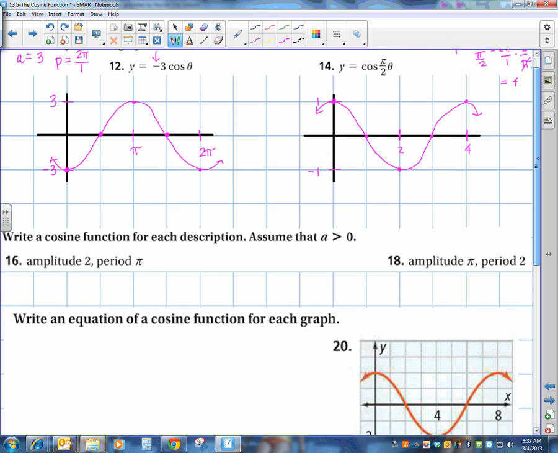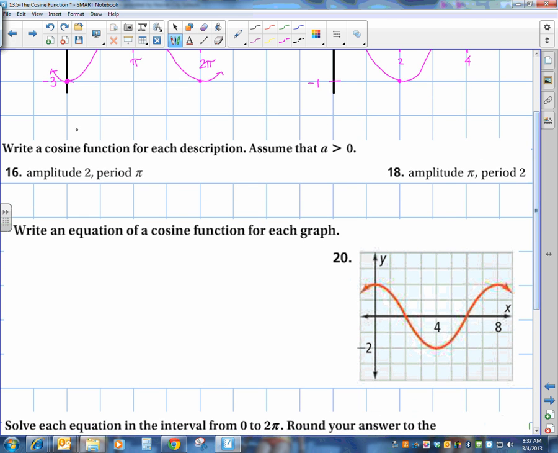Okay? Next, we need to talk about writing a cosine function for each description. They tell me my amplitude is 2 and my period is 3. Keep in mind that my cosine function that we're looking for, y equals a times the cosine of b theta. Okay? A is positive. So if my period is pi, that's equal to 2 pi over b.